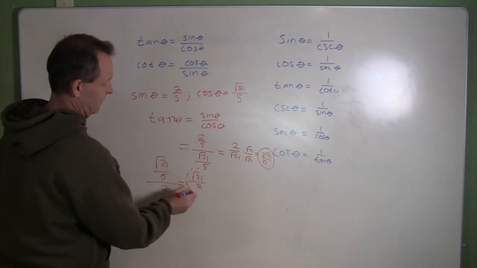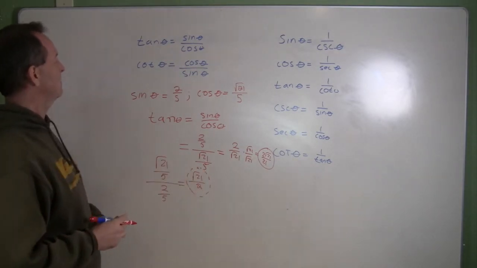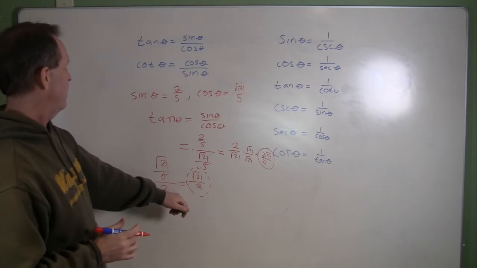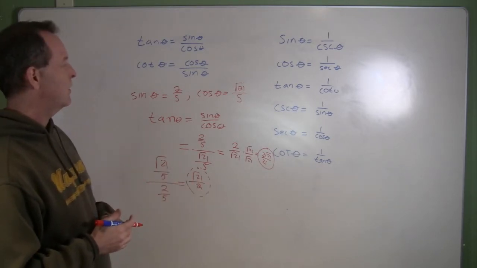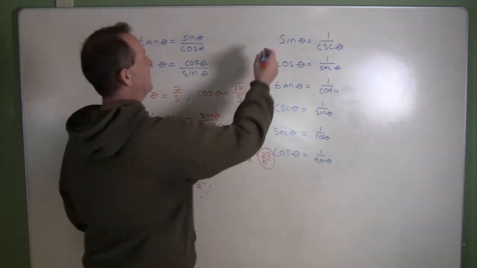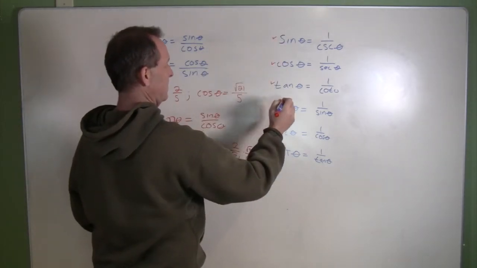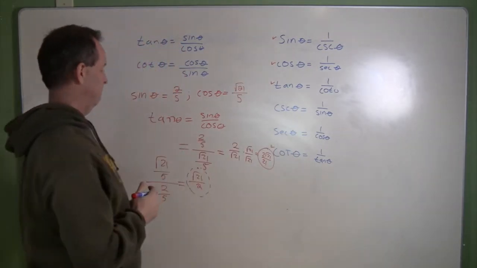So now I have the cotangent of theta, which is root 21 over 2. So I have sine, cosine, tangent, and cotangent.